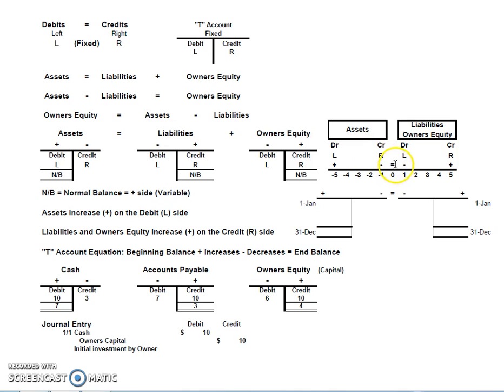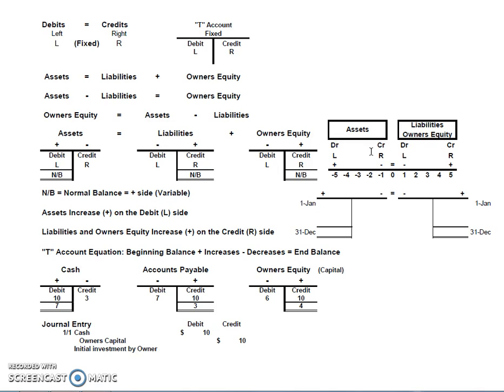And that is also the same here. On the other side of the equation, we have assets. Assets increase on the debit side. So -1 plus -2 equals -3. So we're adding them as we go to the debit side. And in return, assets on this side, when we're subtracting them, we're subtracting them on the credit side. So I like to think of this number line when we're thinking about assets, liabilities, owner's equity, and their normal balances.